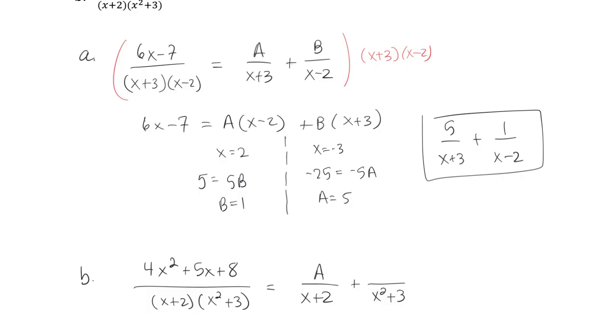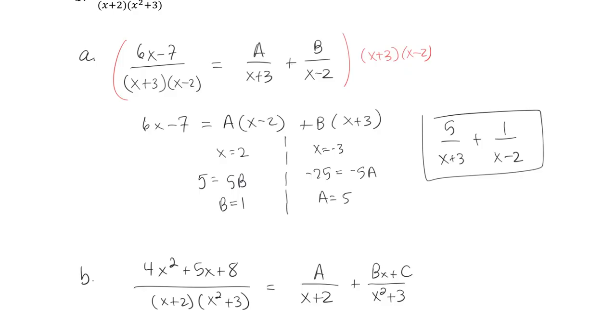We've already used a, so I'm going to start with b. This becomes bx plus c. That's a linear expression. So again, whenever your denominator in a partial fraction is an irreducible quadratic, your numerator needs to be a linear expression in slope-intercept form.